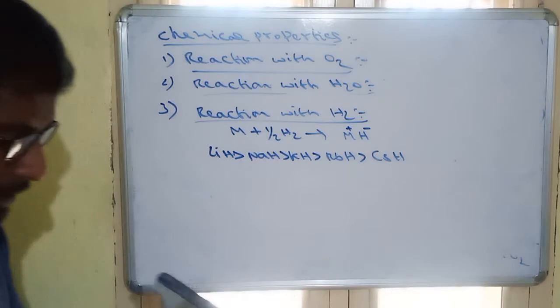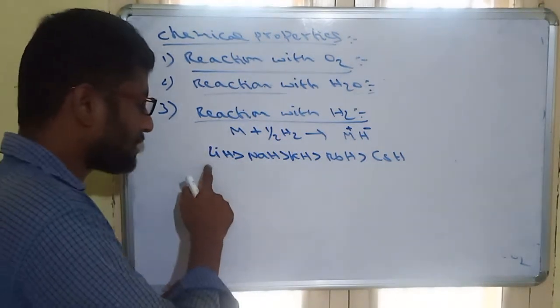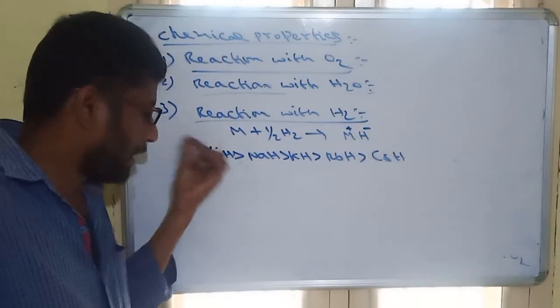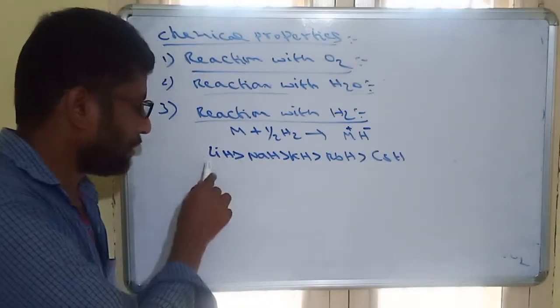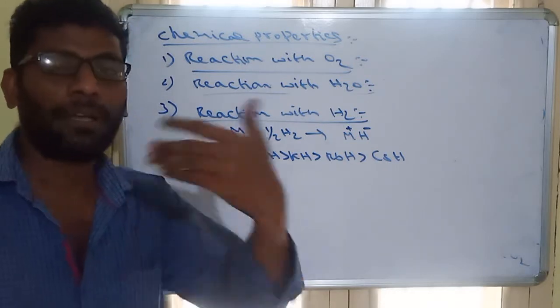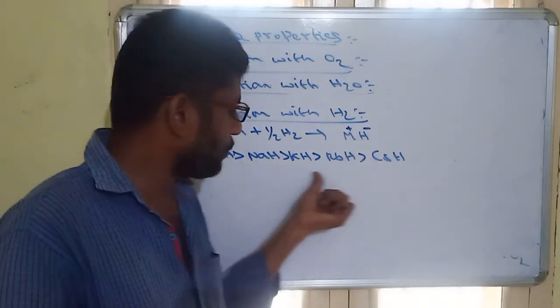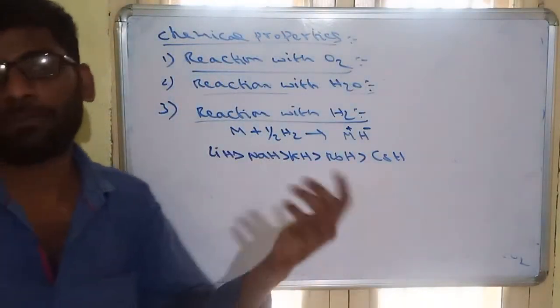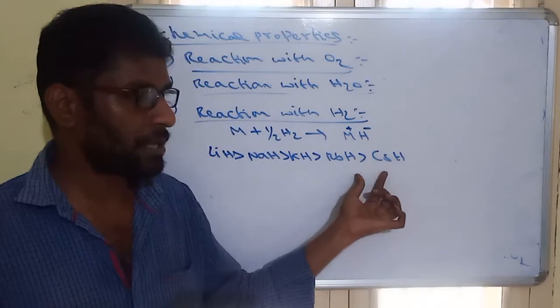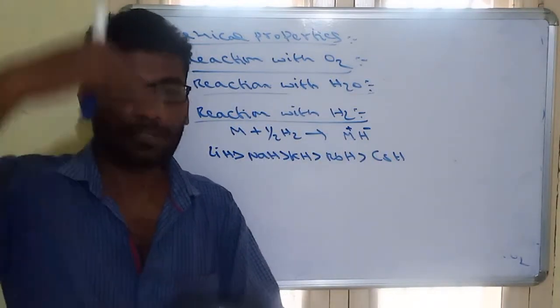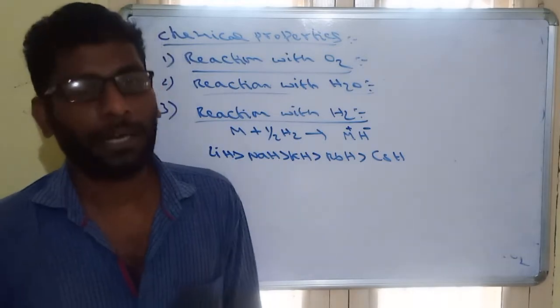Lithium, due to its small size, forms a strong bond with hydrogen. Lithium is small and hydrogen is also small. Remember, both are small, and when both are the same size, stability will be higher. But when we move from top to bottom, the metal atom size increases while hydrogen size is very small. The sizes do not match, so they will be unstable. That's why in hydrides, stability decreases from top to bottom.